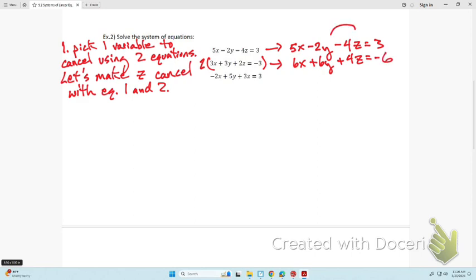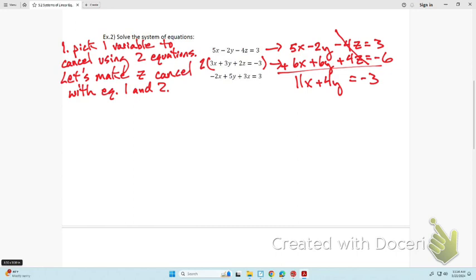And this right here is the whole reason why we did what we just did. Because whenever I add these 2 equations to each other, we get 11x, 4y, the z's cancel, and -3. So we'll use that equation in just a minute.